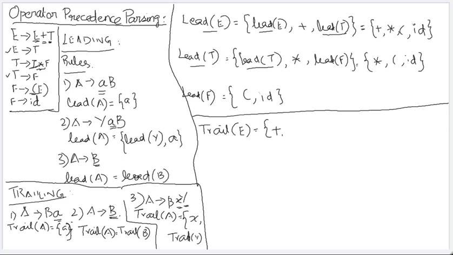You have to include the terminal as well as that trail of T. Okay, and you have one more production, that is E tends to T. So this is something like your rule number 2, right? As per the second production, trail of E is trail of T, which is already written. So now we have to find out trail of T.